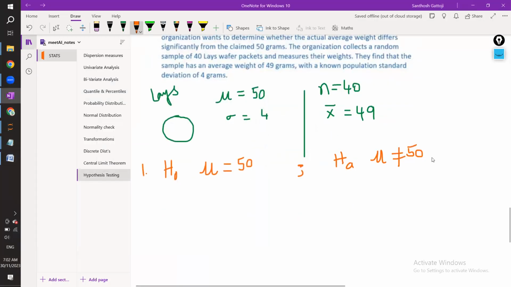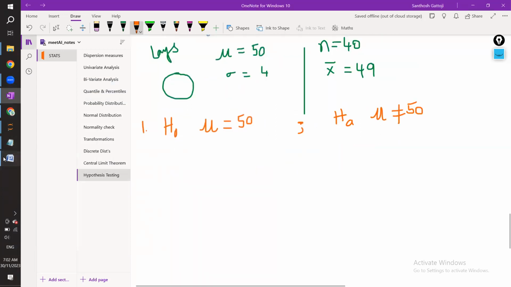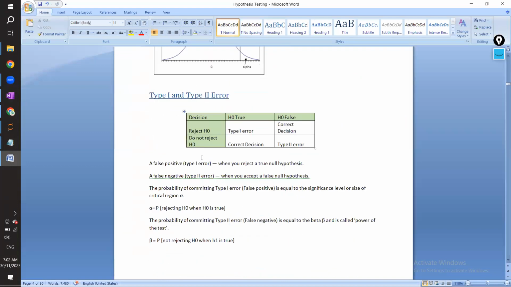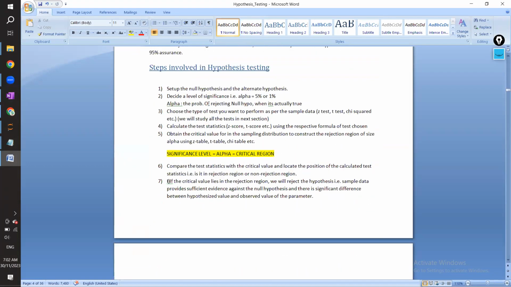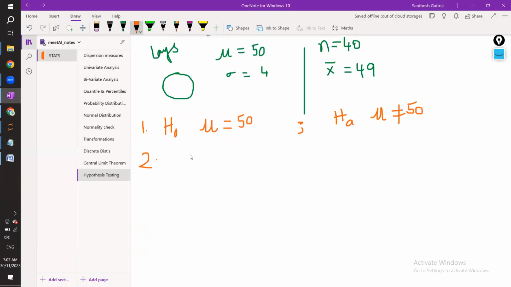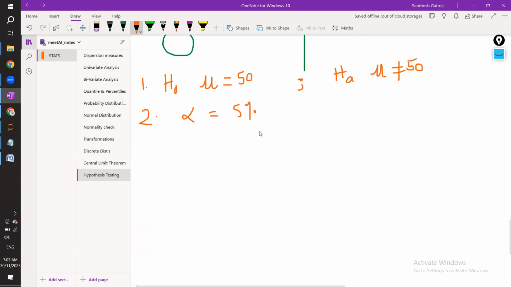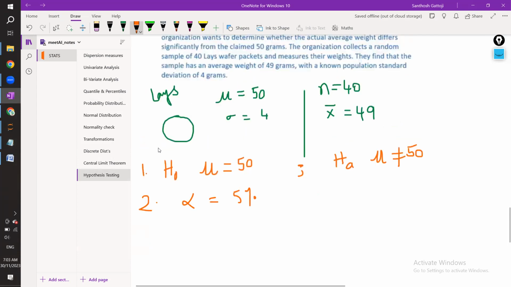Okay, fine. So now, if this is the scenario, what was the second step we need to go for? We need to decide the level of significance. Usually we go for alpha equal to 5%. And if the number of samples is 40, what type of distribution can I consider this as?